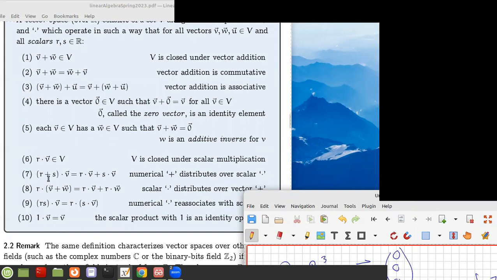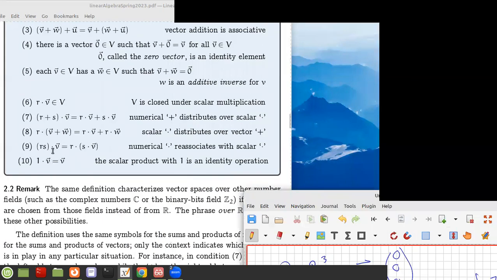This is an addition of numbers, this is an addition of vectors, and this is a multiplication of a number times a vector. And the same way here. So these are two distributive properties. This is an associative property. And this is an interesting property: 1 times V is equal to V.